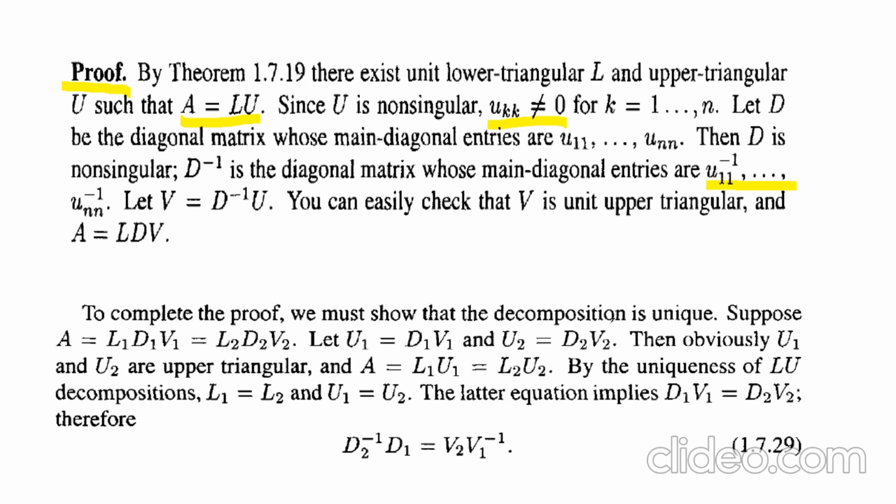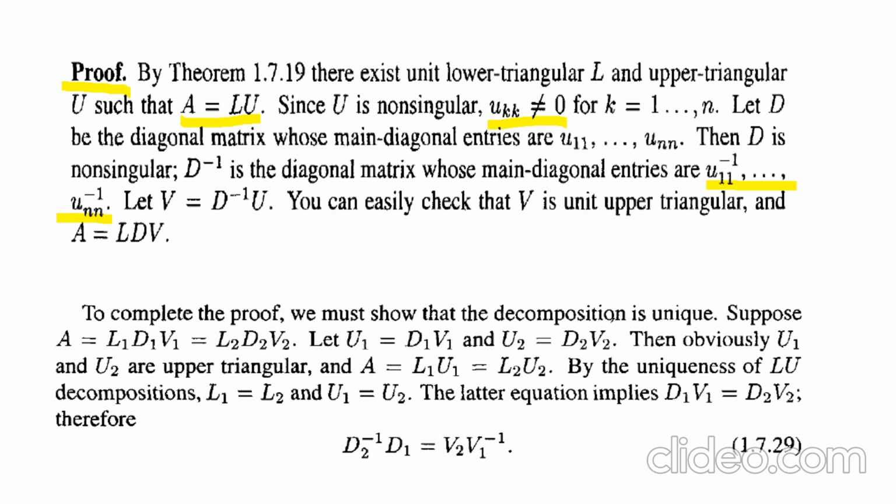We can calculate the inverse of a diagonal matrix very easily. We get the reciprocals of all the diagonal entries of the D matrix, and we obtain D inverse. If you want to find the inverse of the D matrix, all entries of D inverse, the new matrix, will be the reciprocals of the given matrix D.